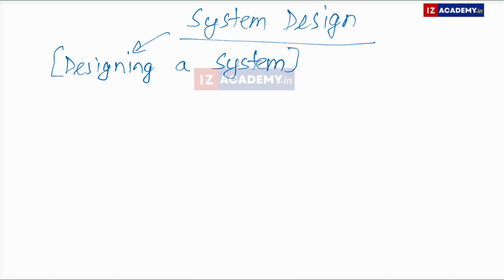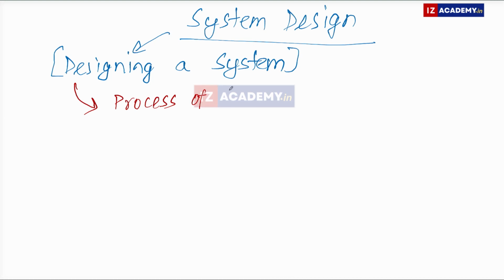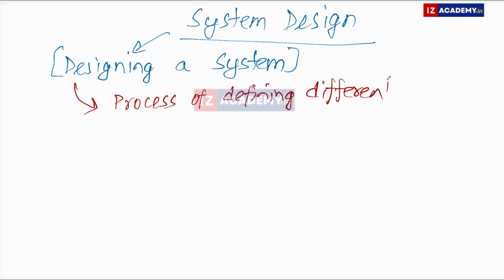And what do we exactly mean by designing of a system? What exactly do we understand when we say that we design a system? It means that there is a process, as in defined steps, the process of defining different elements.